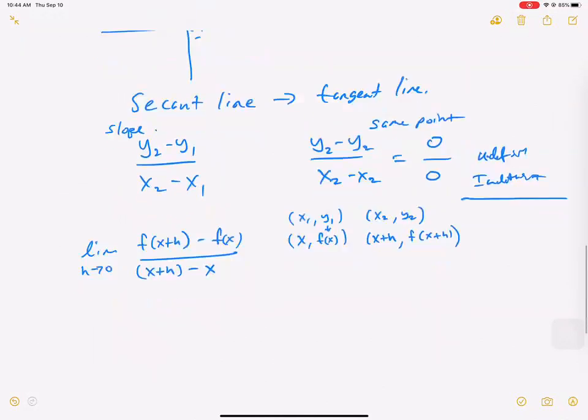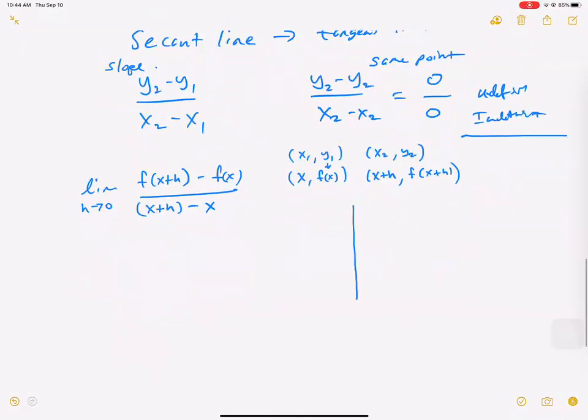Now to illustrate this for you guys to see, if I give you a point, we'll call this point x and f of x. Then if I move a little bit of h over, this new point will be x plus h.